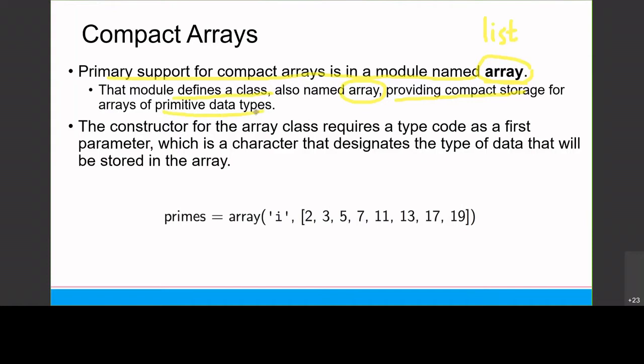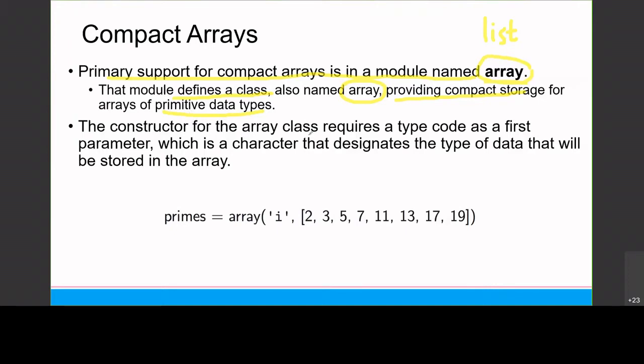That module defines a class. The class name is array, and it provides a compact storage for arrays of primitive data type. Do you understand what is primitive data type? Primitive data type is like integer, float, character. Okay? We call it primitive because it is the very basic data type.